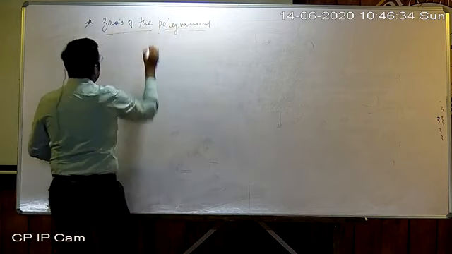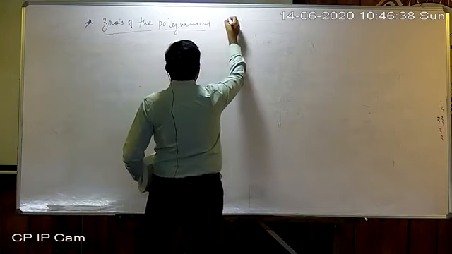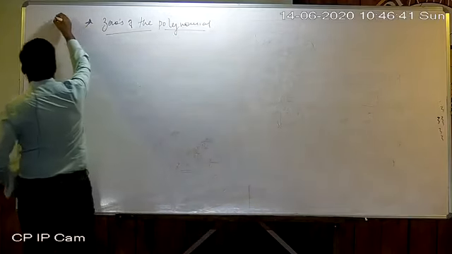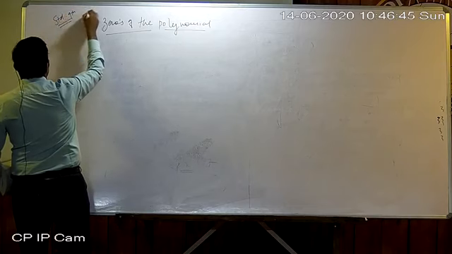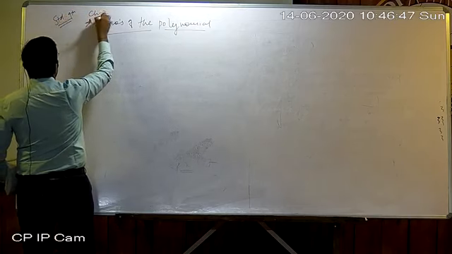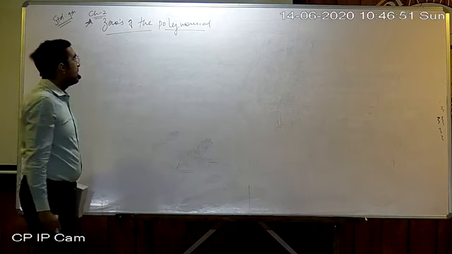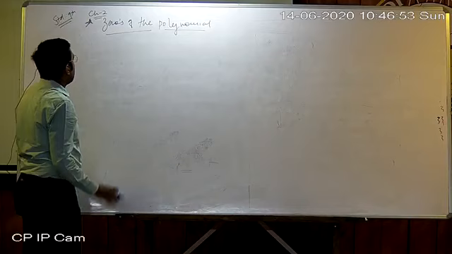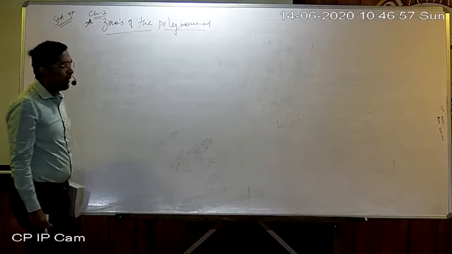Okay, so we are learning about the standard 9th chapter 2, and as per the previous topic, we are continuing the topic of the zeros of the polynomial.